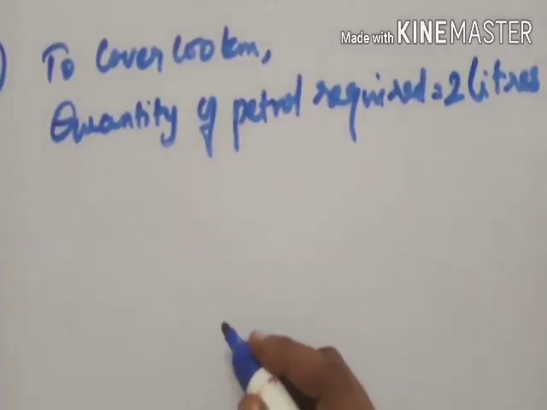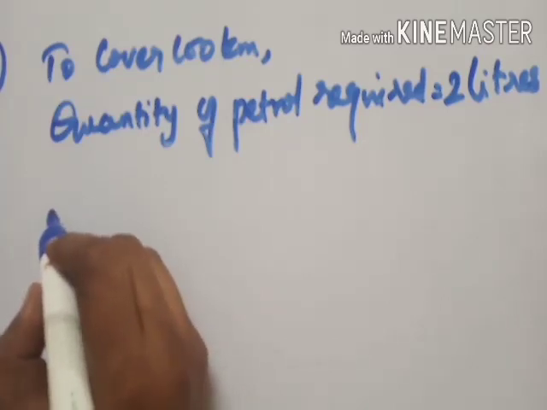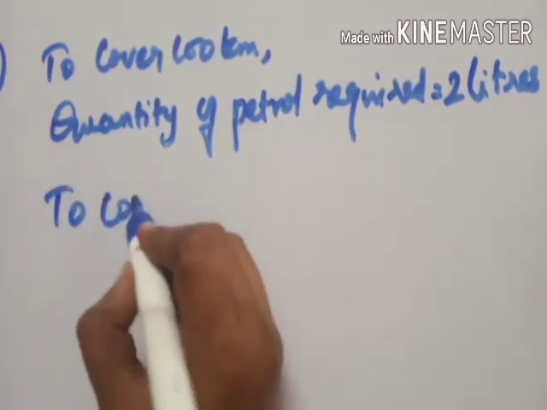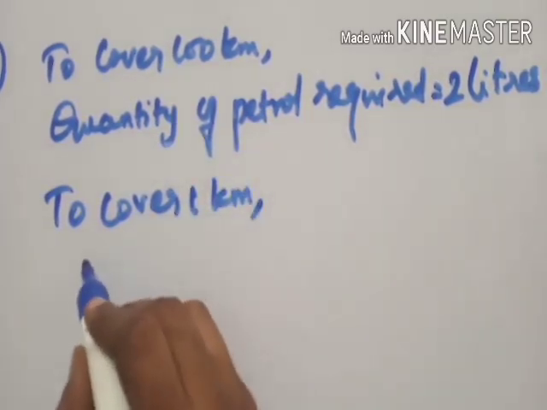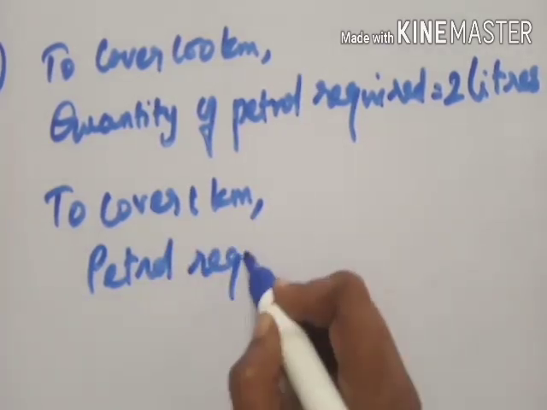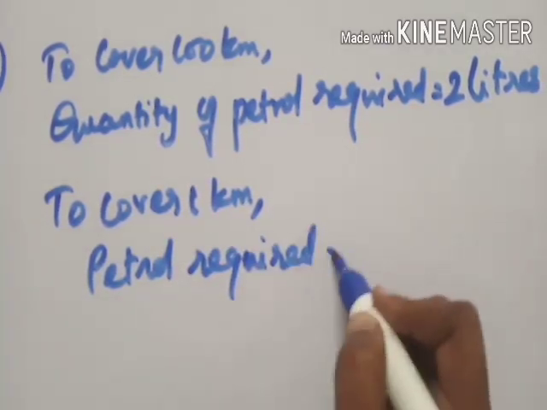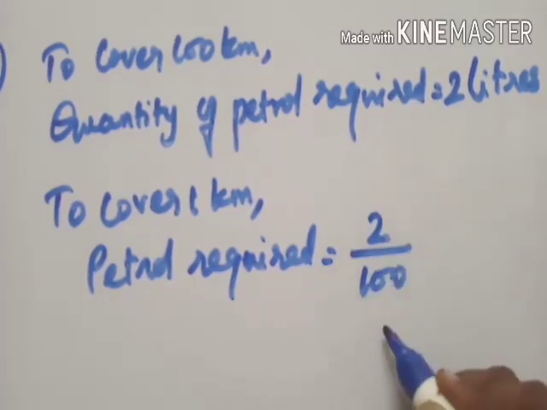Now, we have to find out for 1 kilometer. To cover 1 kilometer, petrol required is equal to 2 liters for 100 kilometers.